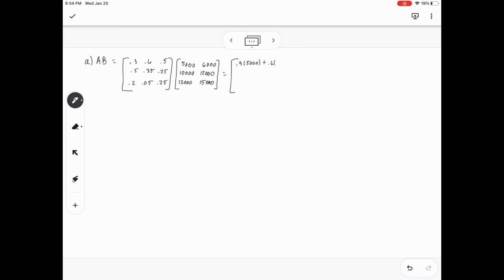And I go ahead and start multiplying. There's a lot of numbers for this one, so just make sure you give yourself plenty of room if you're writing this one down.